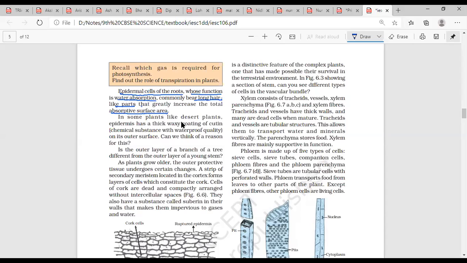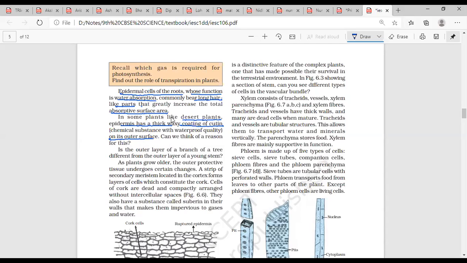Then again it is explained about the desert plants. The epidermis has a thick, waxy coating of cutin, a chemical substance with waterproof quality on its outer surface. For what reason do they have the cutin covering?